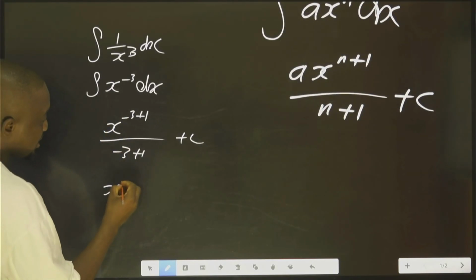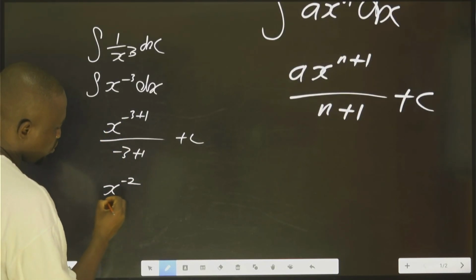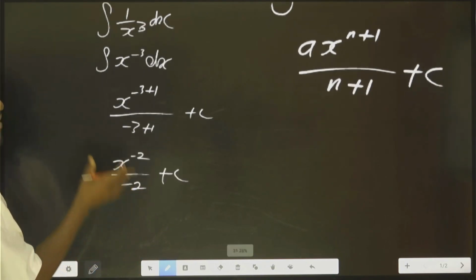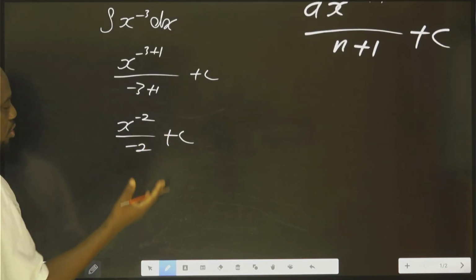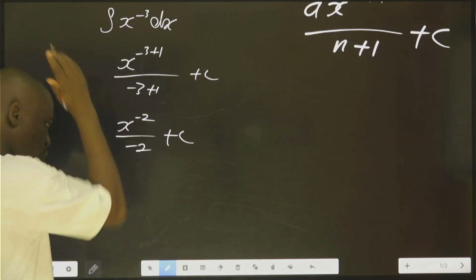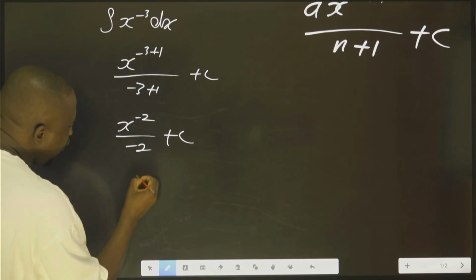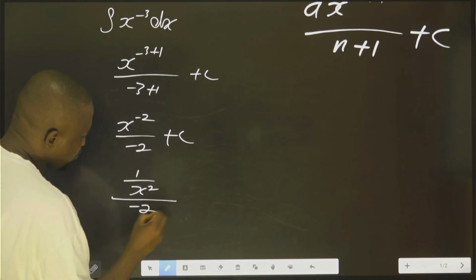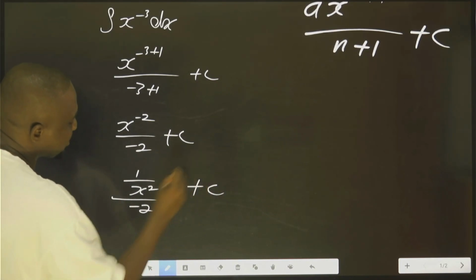This is x⁻² over −2 plus c. You can leave it like this, or if you want to show your mathematical prowess, you can go back to where you are coming from. This one means 1 over x², all over minus 2 plus c.